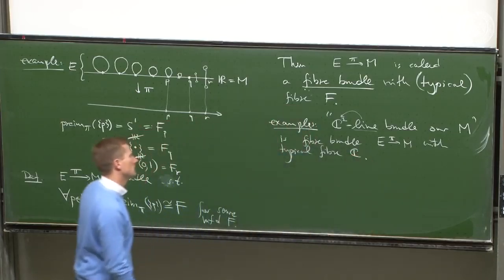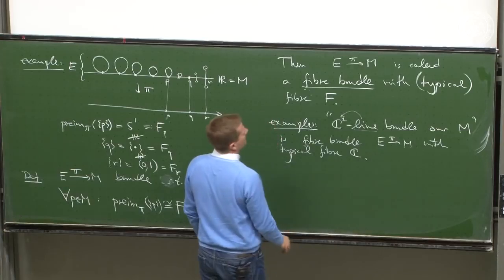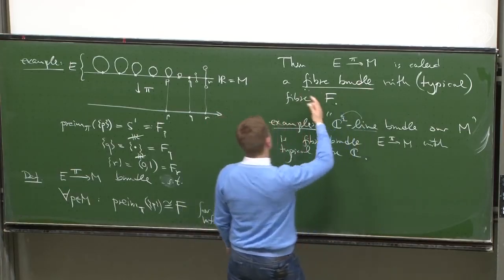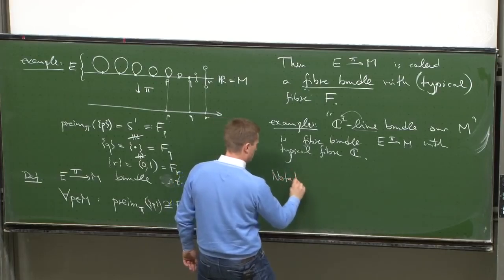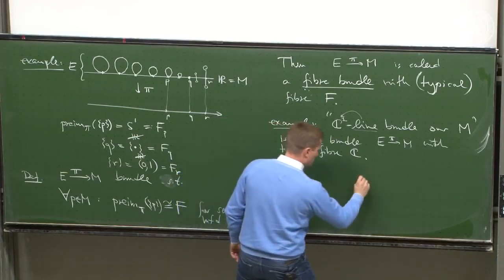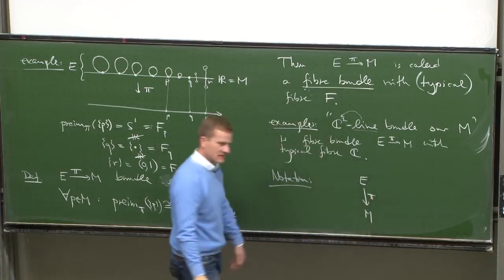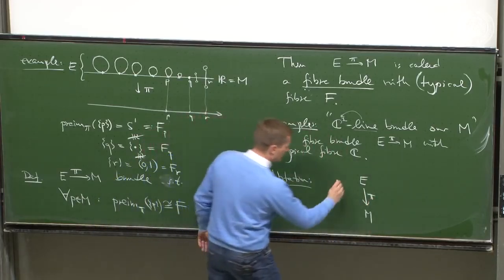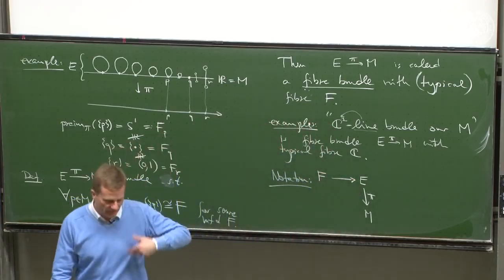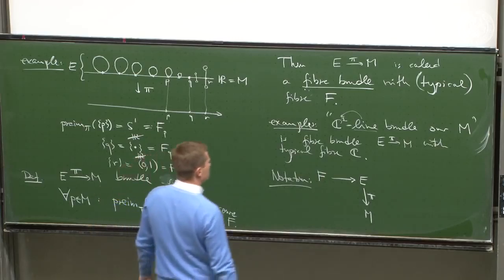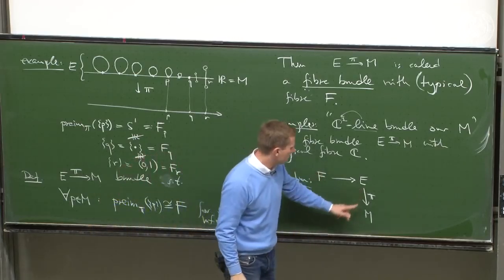If we have a fiber bundle, we also often write, and I'll write it here, notation: E, M. So we put this down, it's more like the projection, and then we very often draw a diagram like this where we say the fiber goes in there, but it's really understood that this is the fiber of this bundle.